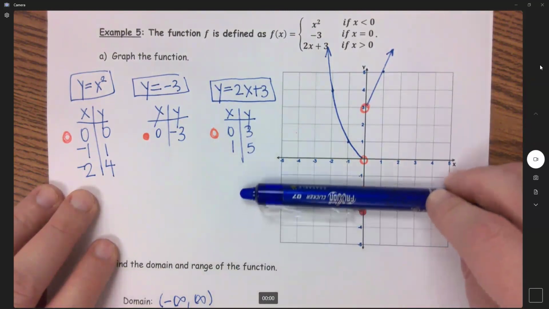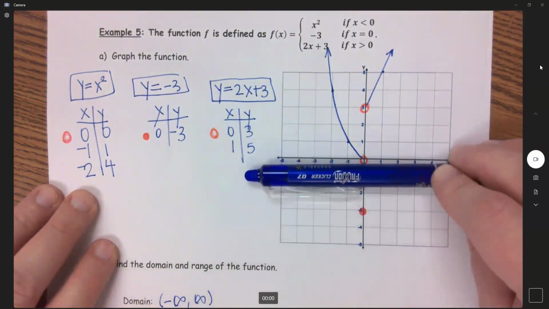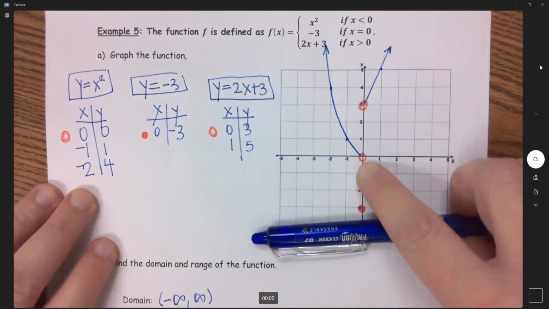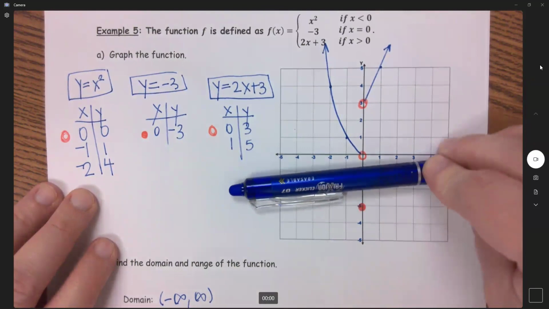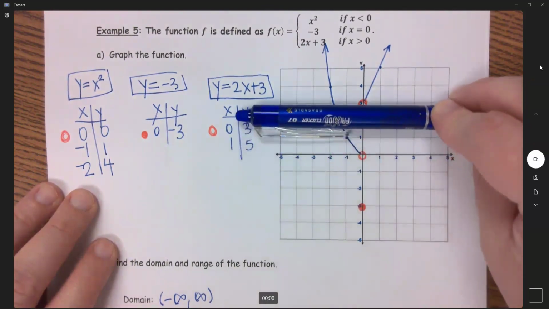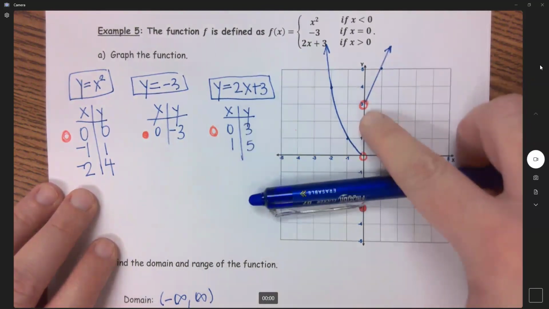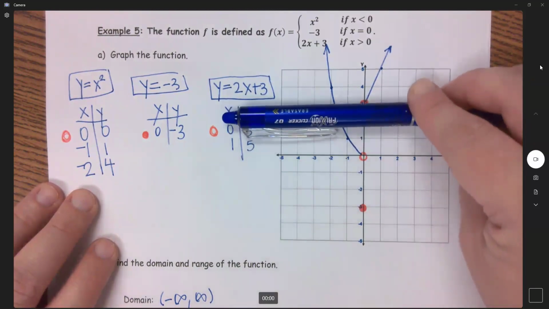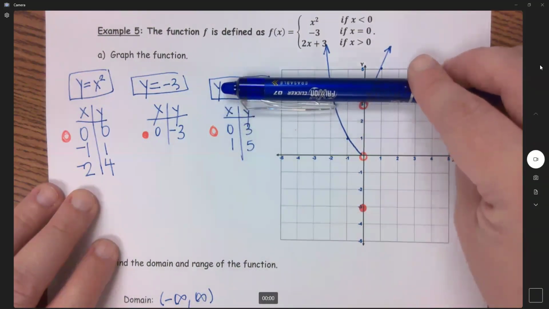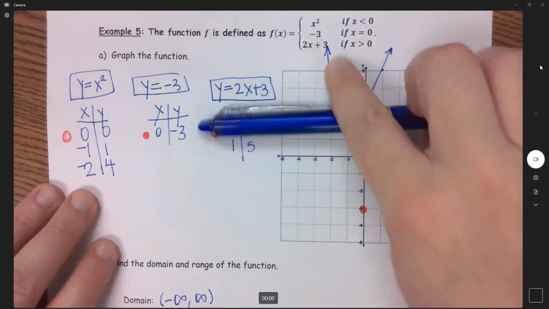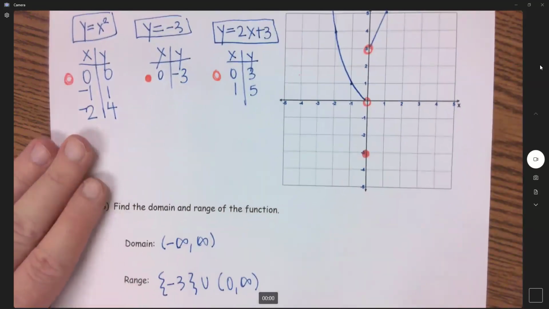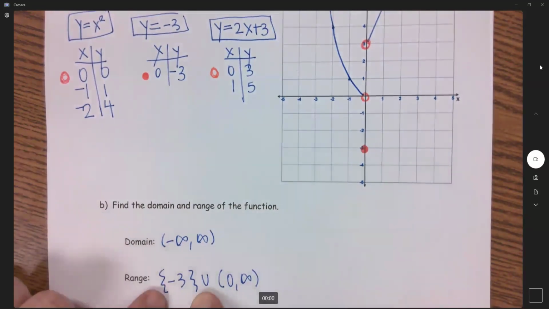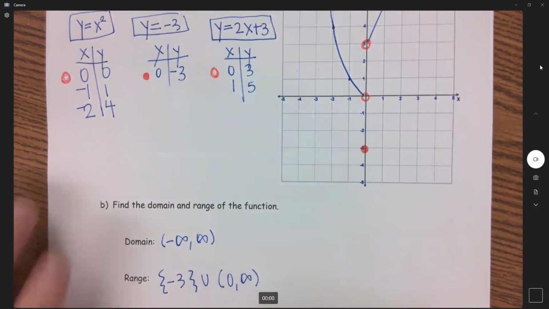And then it's going to jump up and pick up right here at 0. So we're going to start at 0, parenthesis, because it's an open circle. And as we go up, we don't have 2 points at 3 because this one's not included, but everything above 3, we now have 2 y values, and that's okay. And they're going to keep going up forever. So my range is -3, again, in squiggly fancy brackets, the union 0 to infinity.